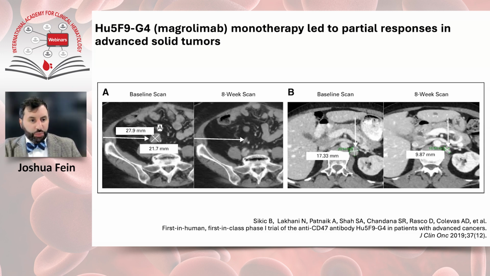From a safety standpoint, there were a few DLTs, but none of them actually led to a maximum tolerated dose. So the first DLT that was observed was right upper quadrant abdominal pain. It was grade 3 with the 3 milligram priming dose. At that 3 milligram priming dose, there were no further DLTs, and they adopted that. The hemagglutination, which had been a significant concern given the expectation of phagocytosis of red blood cells, was observed.